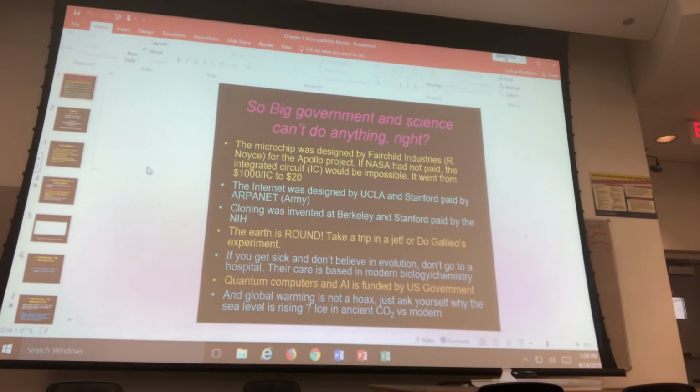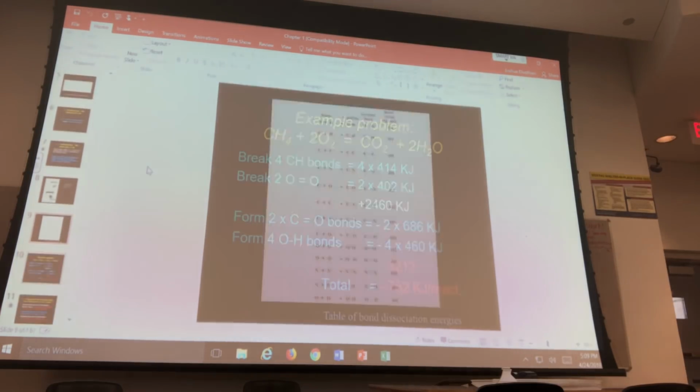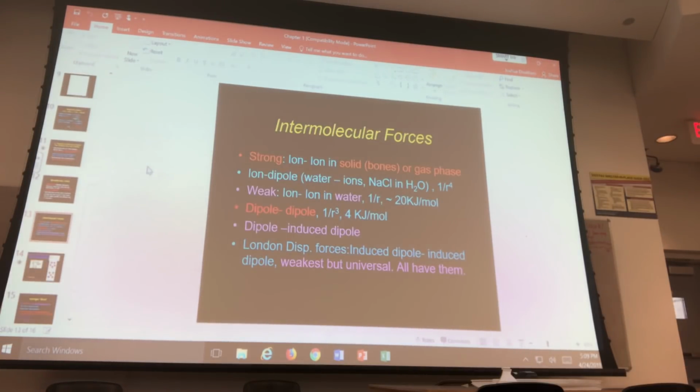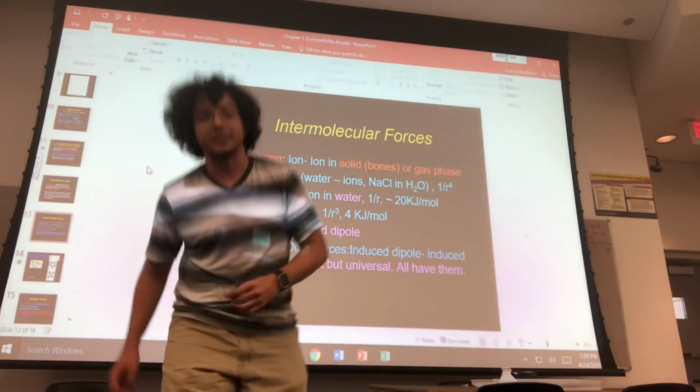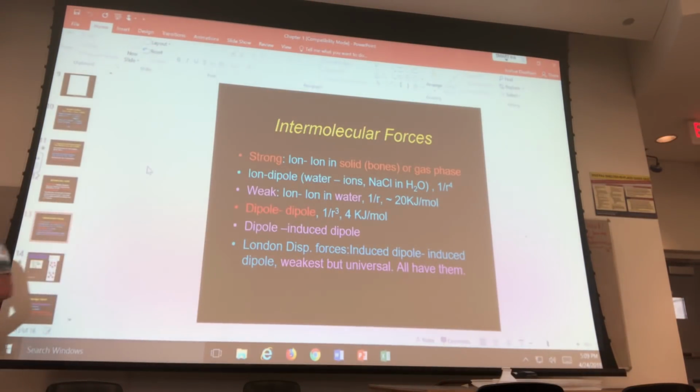Chapter 1 is the very introduction to biochemistry. Chapter 2 is a little bit of general chemistry topics. What you need to know is your weak intermolecular forces. Everything's recorded. All right. Weak intermolecular forces.